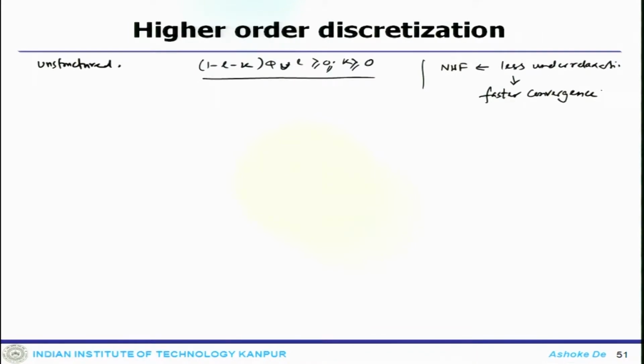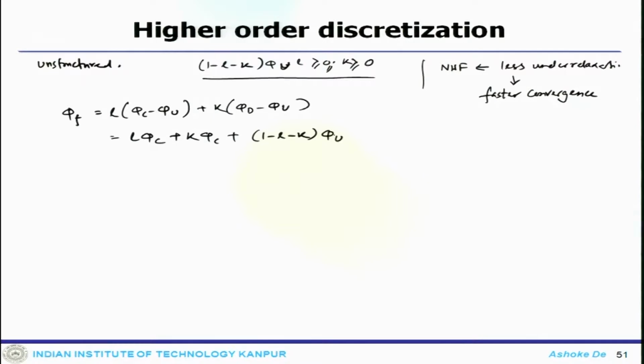So, the phi f that we are having is L times phi c minus phi u plus k times phi d minus phi u, which is finally written as L phi c plus k phi d plus 1 minus L minus k phi u. So, we start with that.